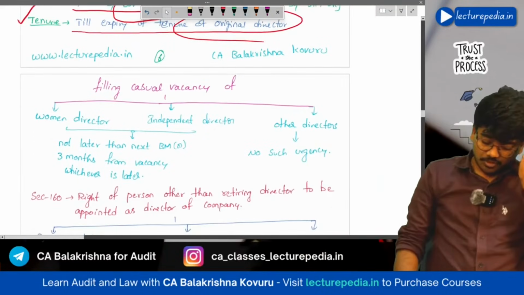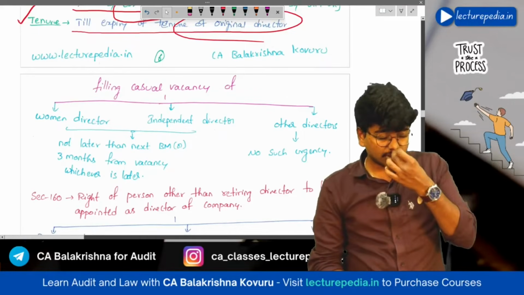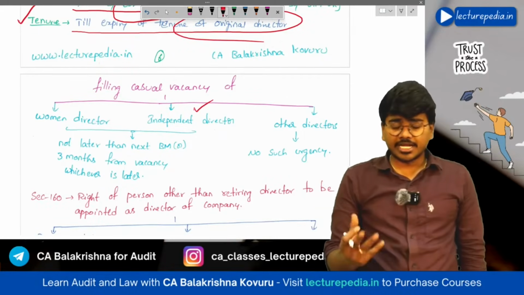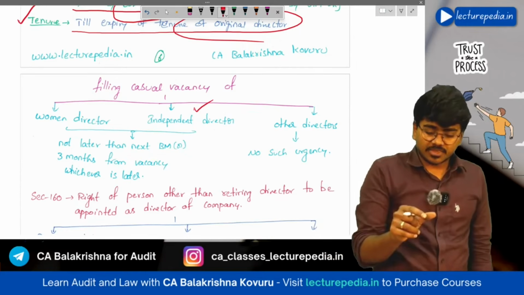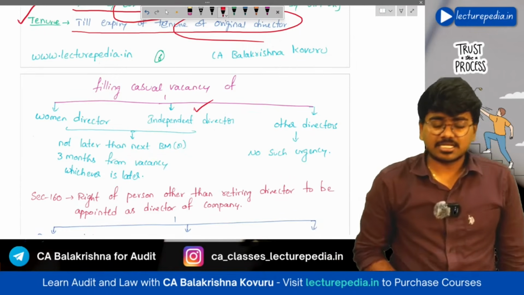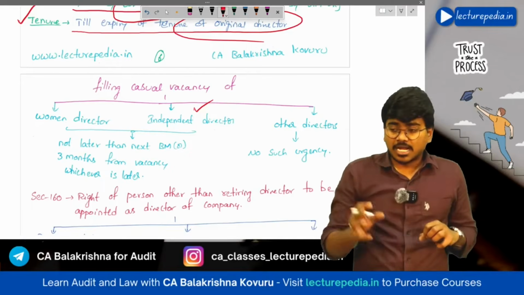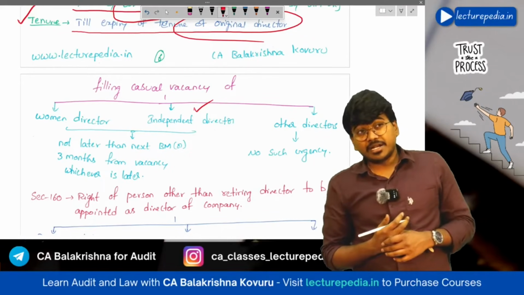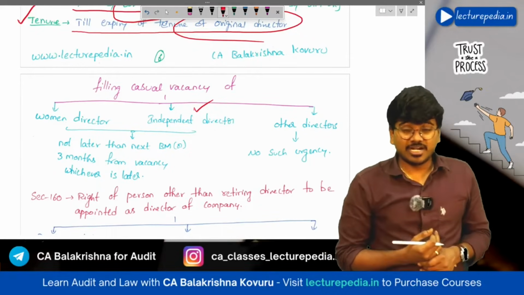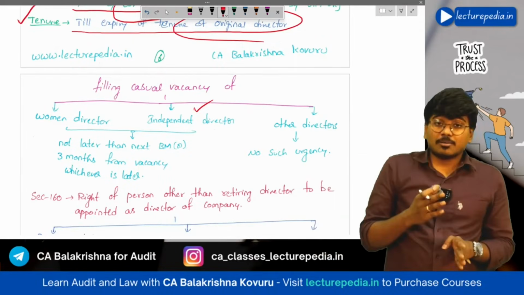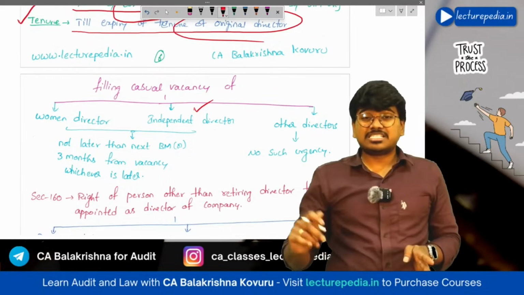Now, if you want to fill the casual vacancy of a women director or an independent director, there are certain timelines that have been prescribed. The casual vacancy of a women director and of an independent director has to be filled within 3 months from the date of vacancy or by the next board meeting, whichever is later.